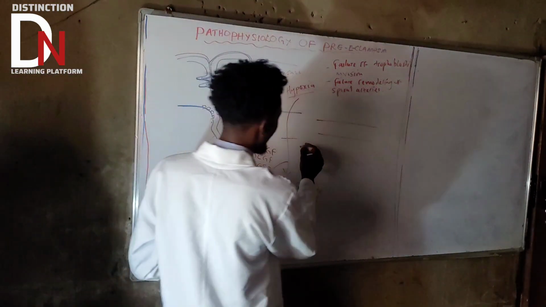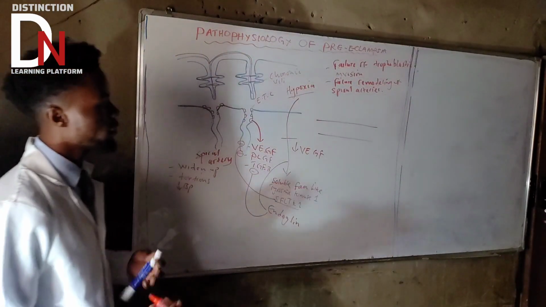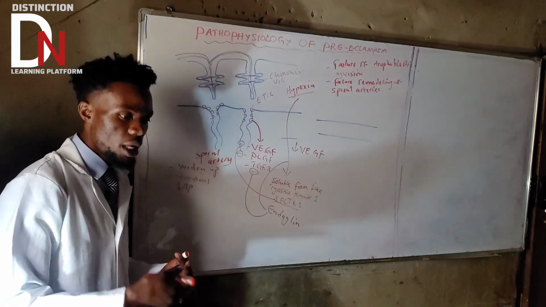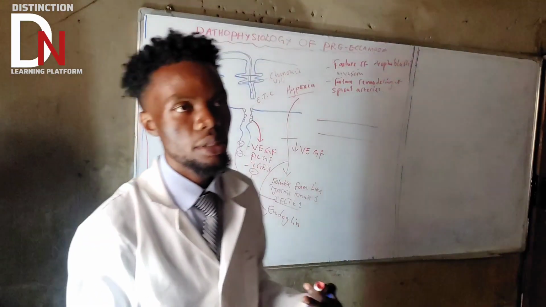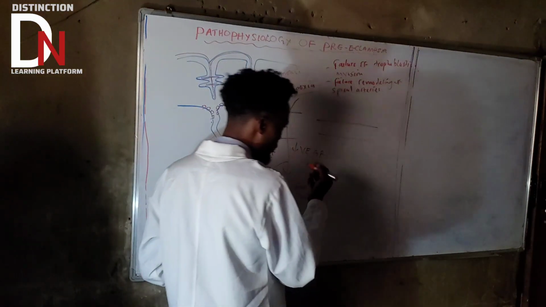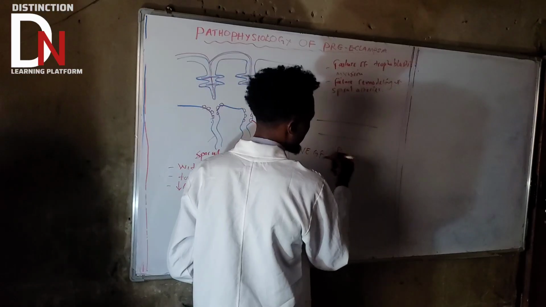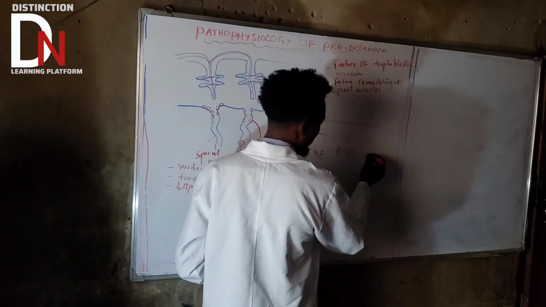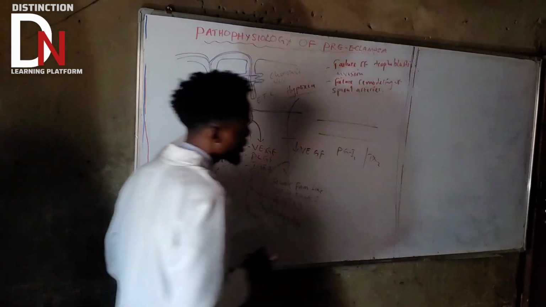If you have decreased VEGF, so let's just pick one example, decreased production of VEGF, it will start affecting the balance of factors like prostacyclin, or prostaglandin I2, remember this, and also what we call thromboxane A2.